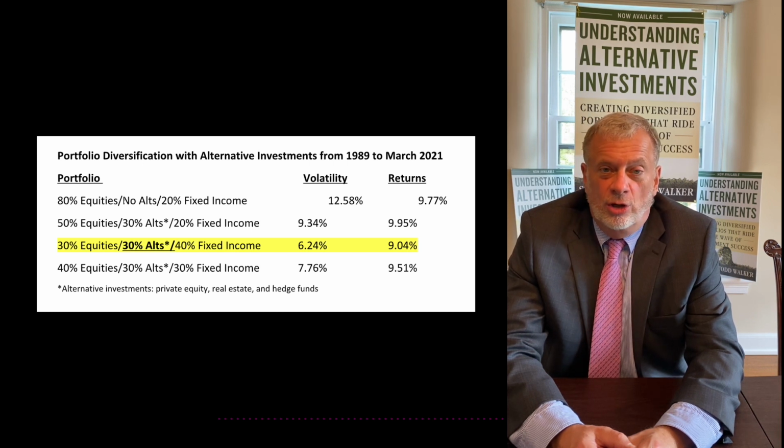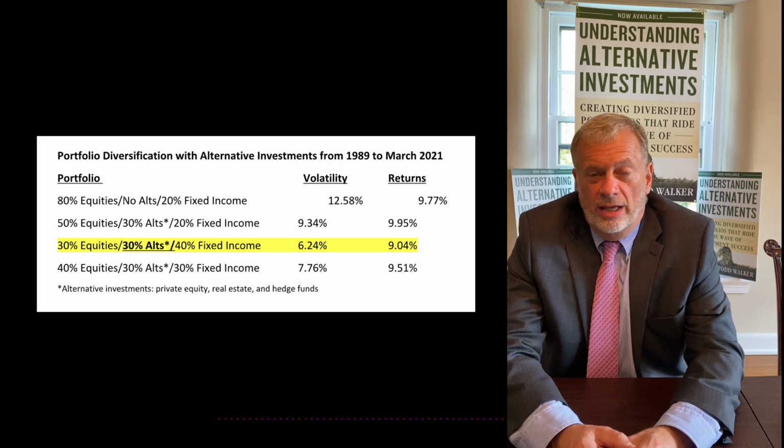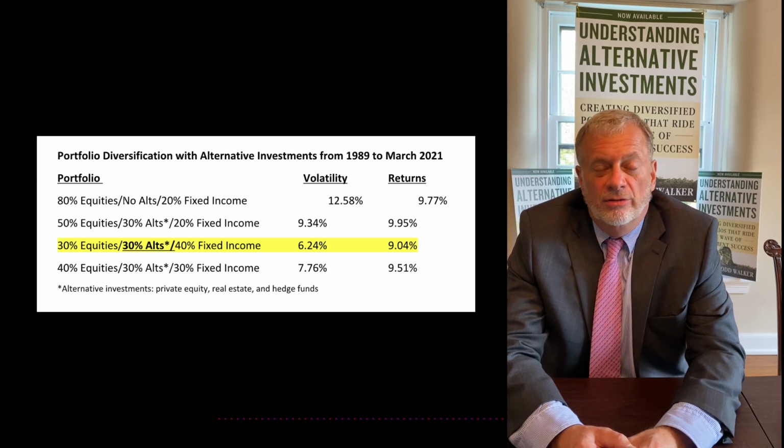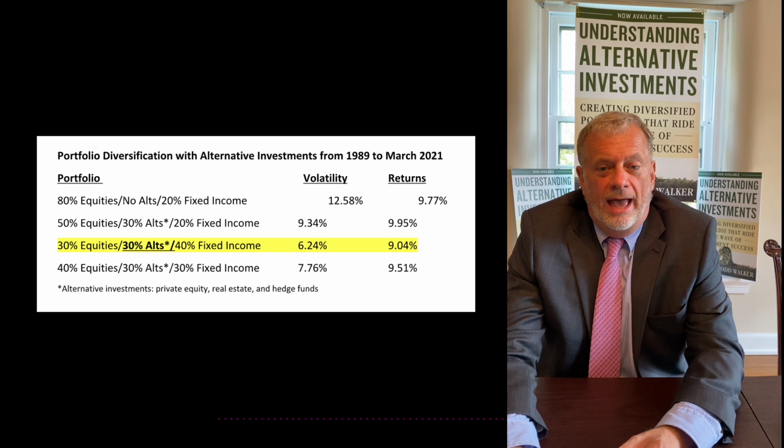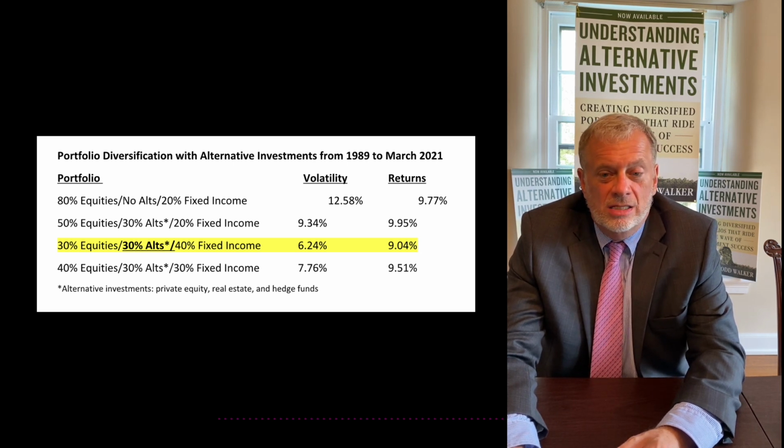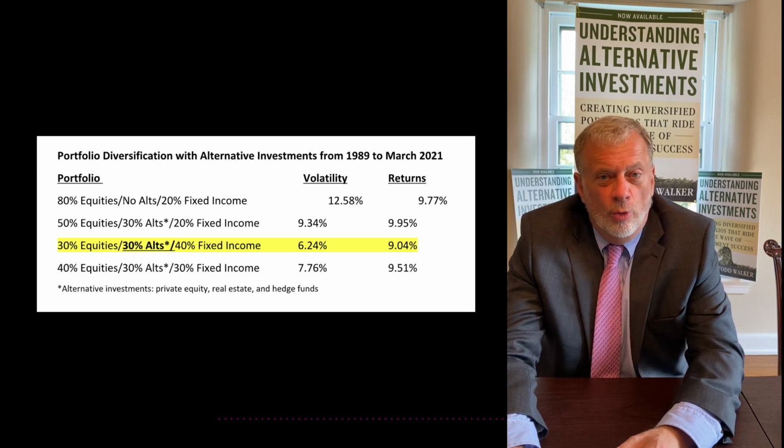And we still have a good portion of alternative investments, 30%, and we have equities which were reduced from 80% down to 30%. Let's take a look at that. So volatility goes all the way down to 6.24%. That's right, that's almost half, or actually is half, of the 12.58% volatility, all the way down now to 6.24%.